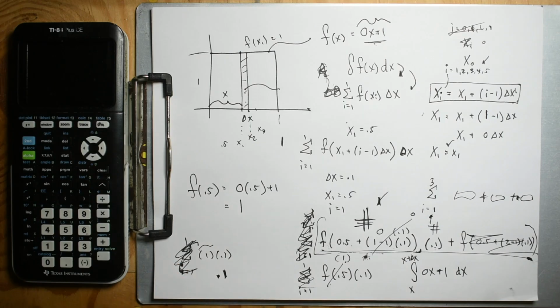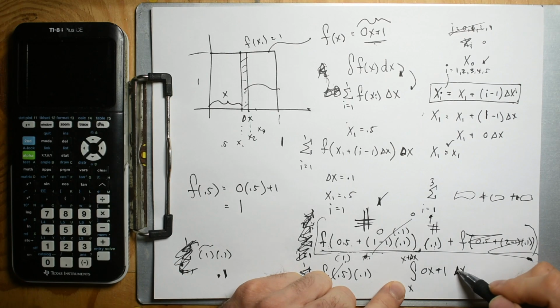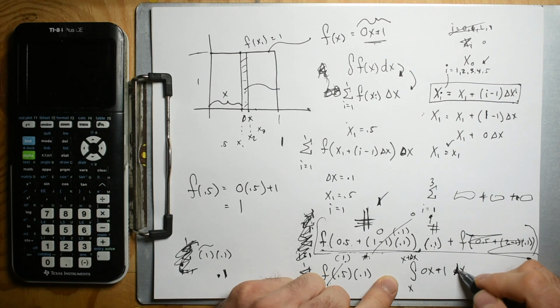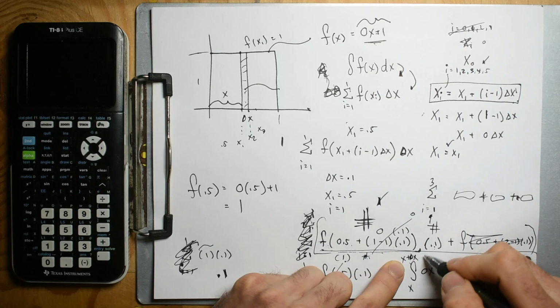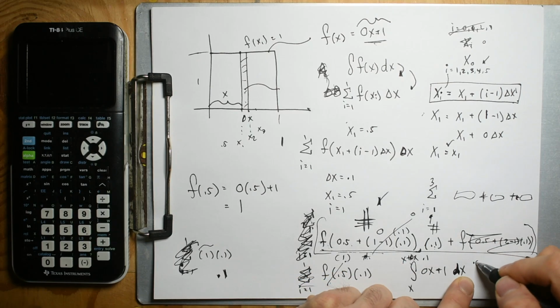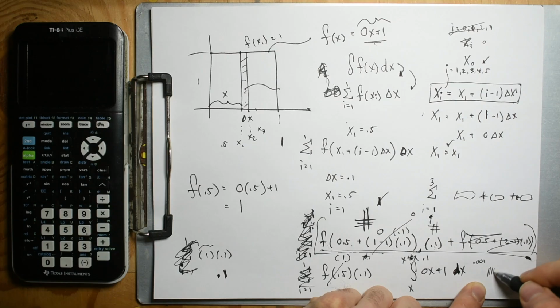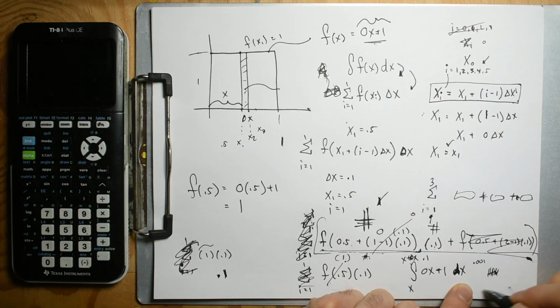Sorry, not dx, but change. Well, no, dx. This would be a dx, and this would be a change in x. This change in x is 0.1. This dx can be a thousandth, and then we'll have 100 slices. This could be ten-thousandths.